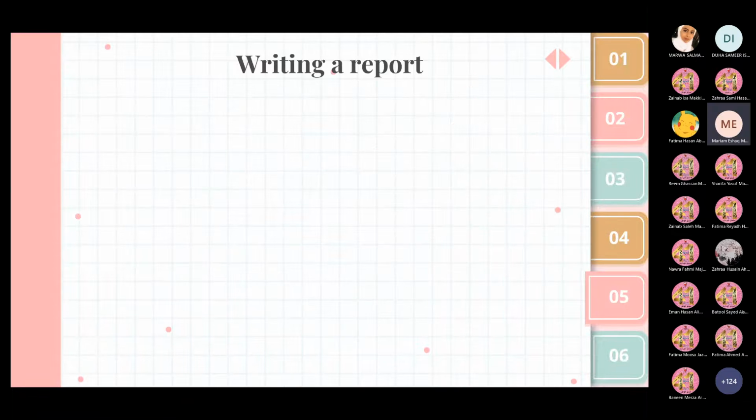Hi everyone, today I'm going to be explaining how to write a report. The difference between the other writings and the report writing is that the report is written to describe a situation or a project that you want to start or the government or administration wants to start, and we are going to analyze the data given and the opinions of people and what they think about this idea.